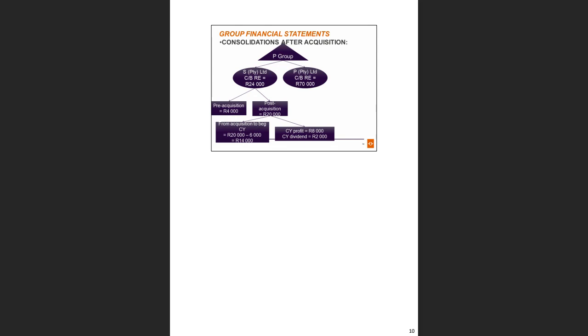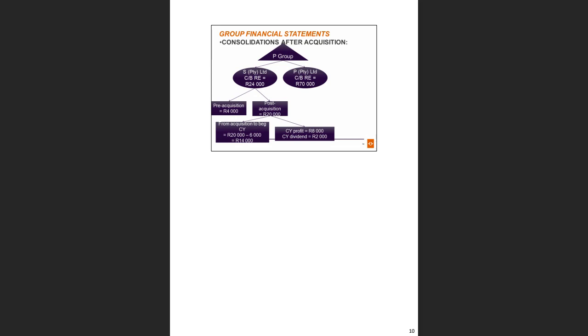So we now need to ask ourselves, what is the amount in this post-acquisition profit that is for the current year, meaning the last 12 months, and what portion relates to other prior years after acquisition? It sounds confusing, but once we do an example, we'll understand it better. These amounts are just fictitious amounts.